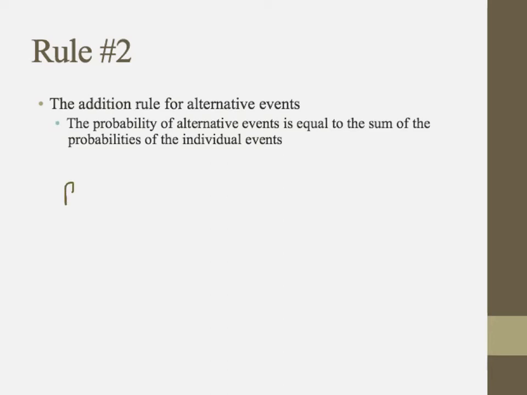So we're going to note that as P, king or ace. So we're interested in either getting a king or an ace. So either one of those cards will make us happy, will work for us, and so those are both acceptable cards.